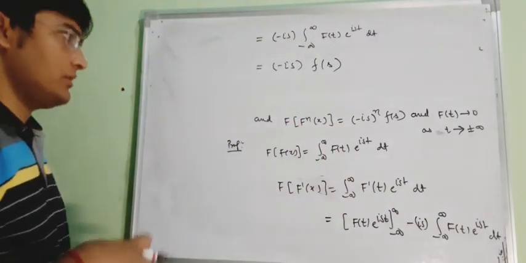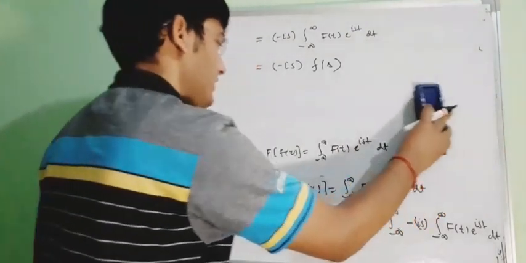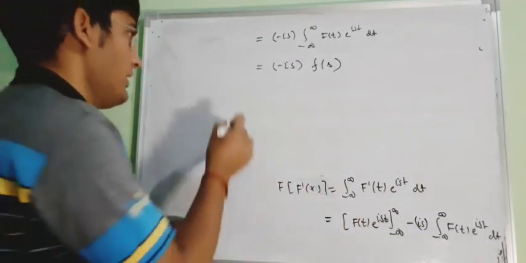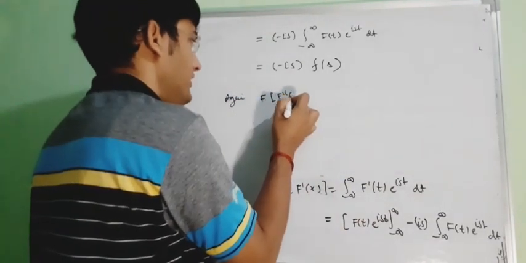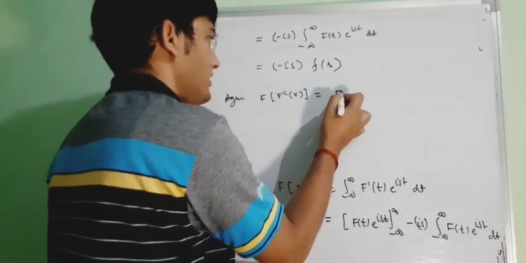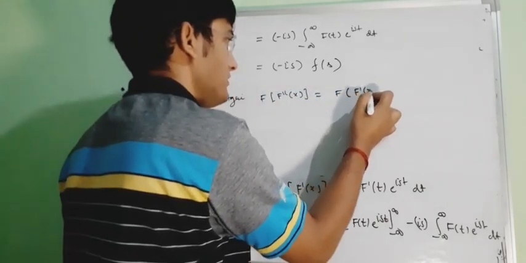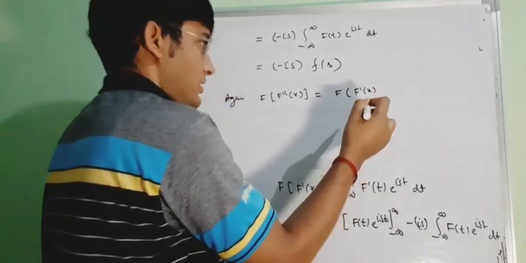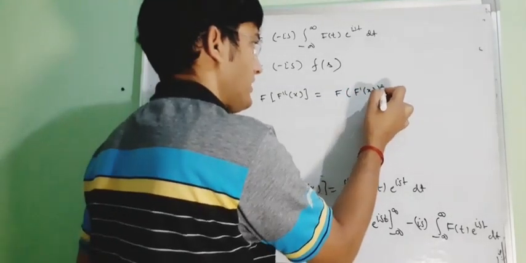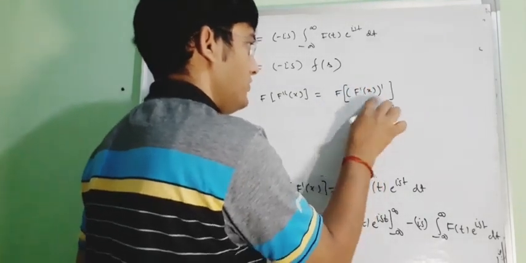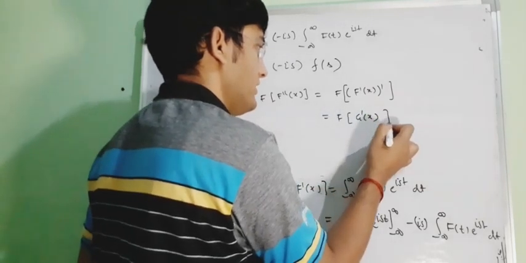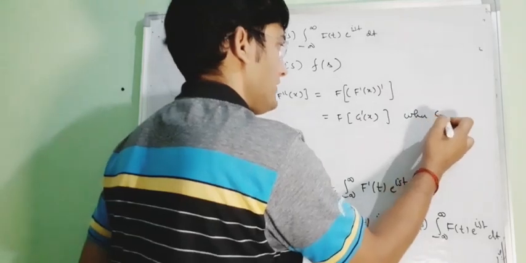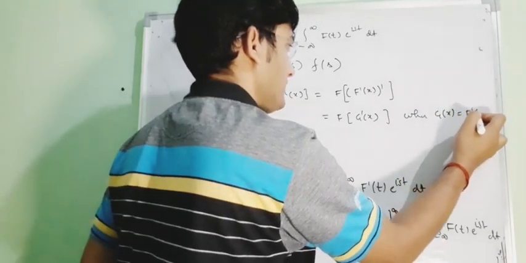Similarly, now for the second time, again we can write the double derivative as the Fourier transformation of f'(x), and we can write it like this. Now if we write this f'(x) as g(x), then we will get g'(x), where g(x) is f'(x).